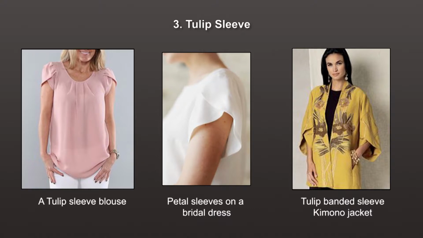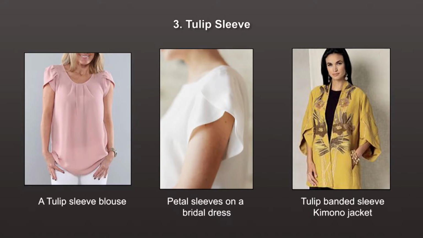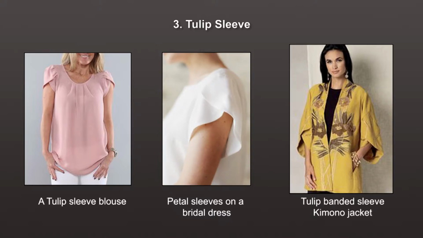This tulip sleeve blouse is from Coco and Men. The next picture shows petal sleeves on Billy bridal separates. The last picture has a very interesting creation of tulip sleeve.